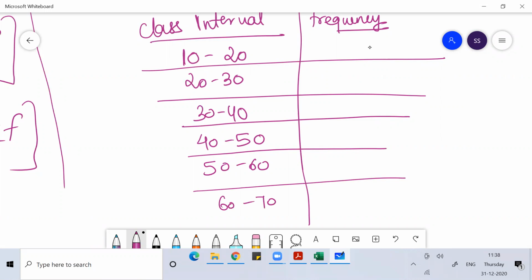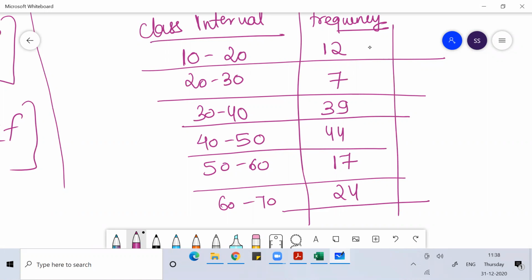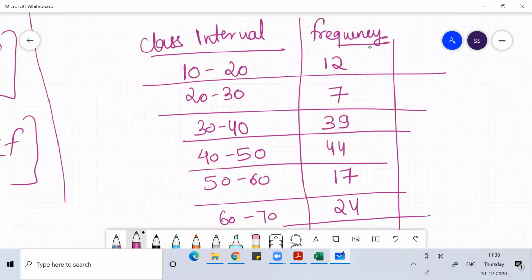Then the frequencies are 12, 7, 39, 44, 17, 24, something I wrote. So suppose this is the question. Now suppose this is the problem.